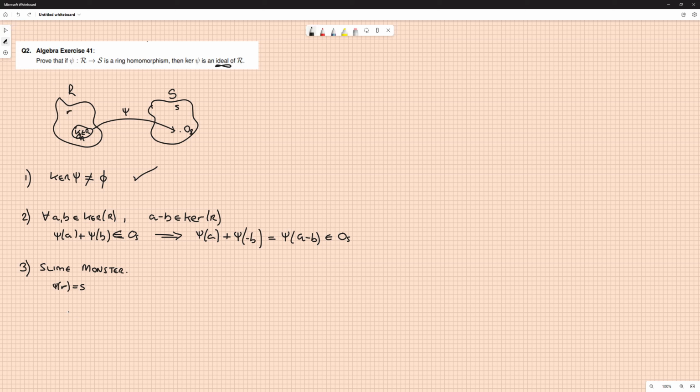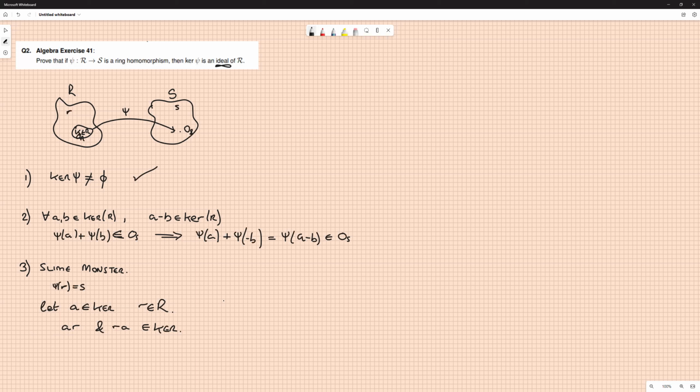What we want is to choose A to exist within the kernel and r in R. We are going to show that AR and RA exist within the kernel, and this allows us to show the slime monster principle.